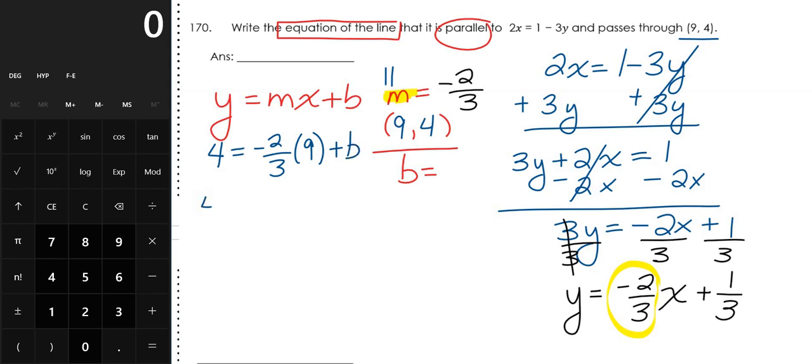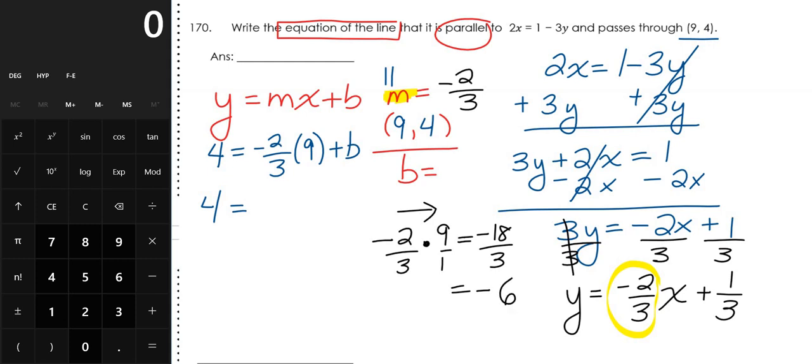Let's go ahead and simplify. 4 equals, so this is a no calculator, so we're going to work this out. Negative 2 over 3 times 9. Put the 9 over 1 and multiply across. Negative 2 times 9 is negative 18. 3 times 1 is 3. Negative 18 divided by 3 is going to be a negative 6. So I'm going to put negative 6 plus b.